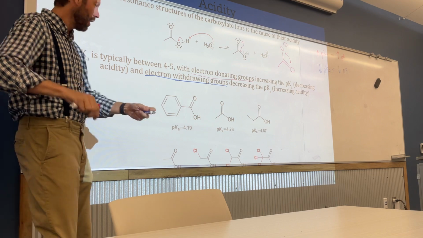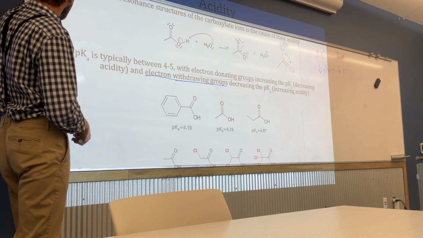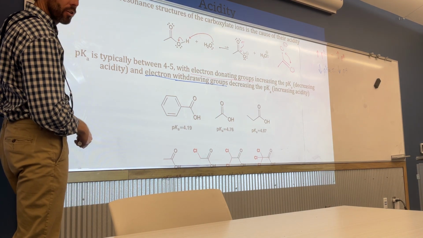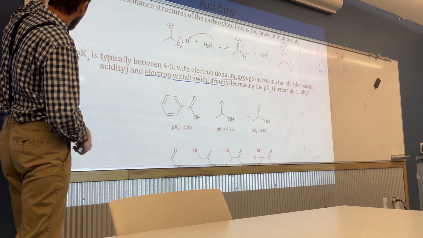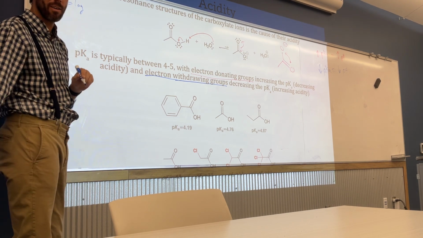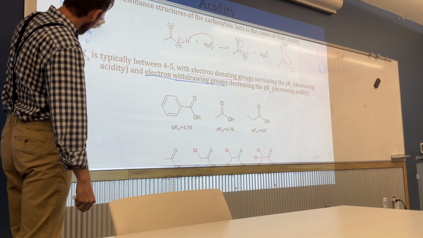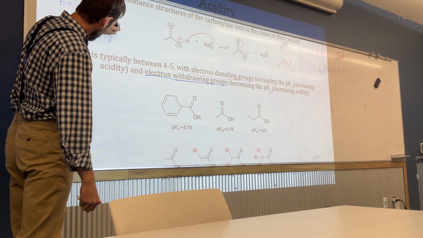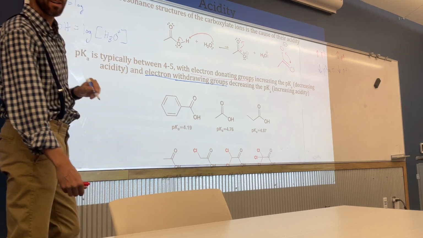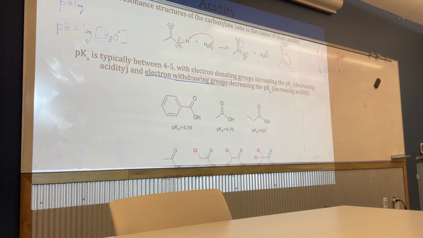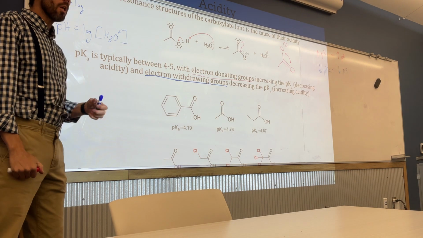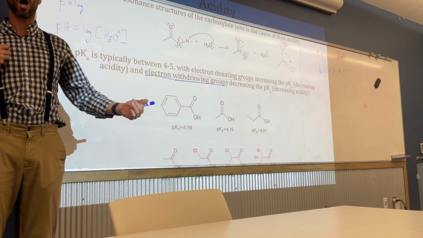pH is, right? P is just a function for a log, right? So pH is the log of the hydronium ions, or hydrogen protons, you can think of it that way, right? But the more acidic something is, the more likely it's going to kick off its proton.